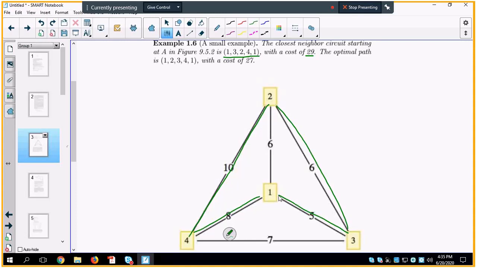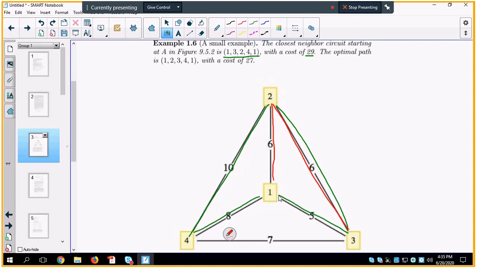However, the optimal path, starting at 1, should be to go first to 2, which is not the choice that we made because it was more expensive and the closest neighbor algorithm is short-sighted. It can't see what's up ahead. But then, by doing this, this allows us to take this path next, which is cheaper than going to vertex 4.